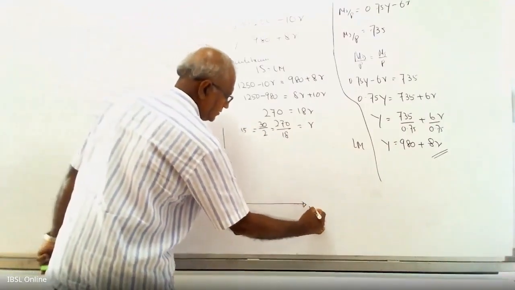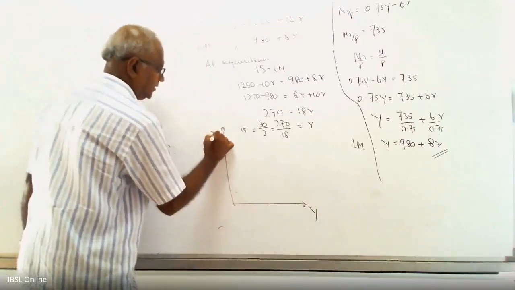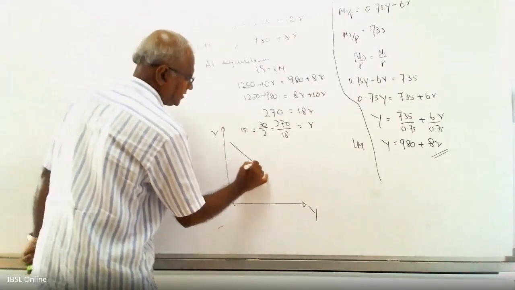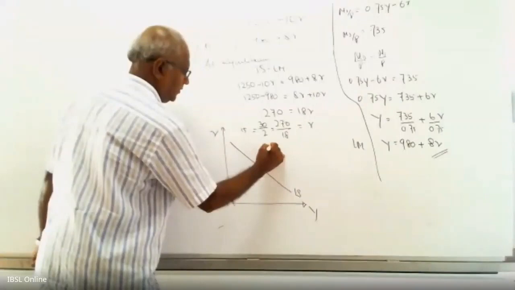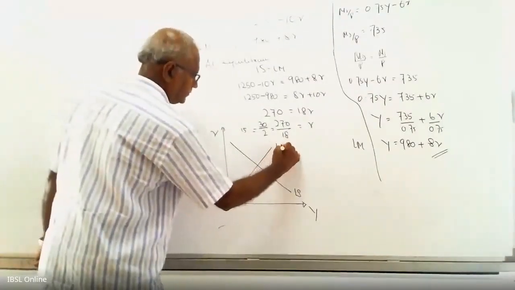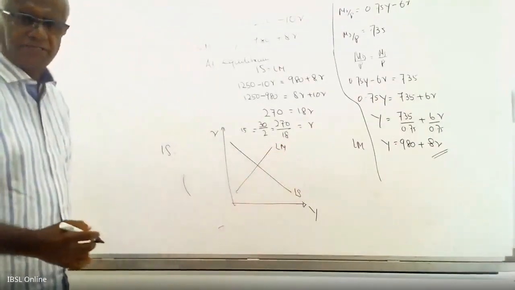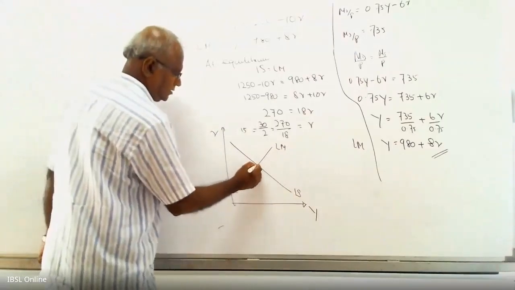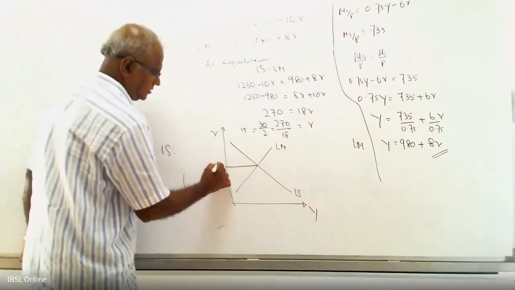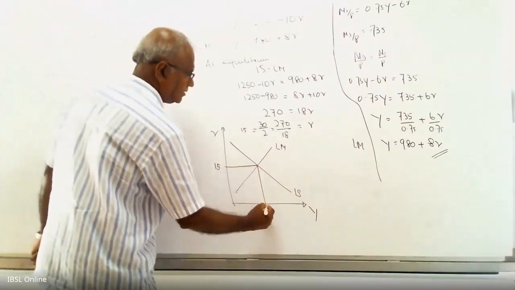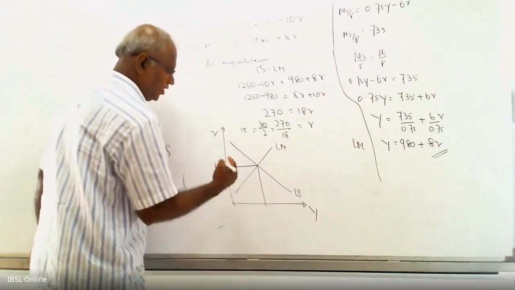IS and LM, with GDP income and the interest rate. The equilibrium interest rate is 15%. You have to find out why.